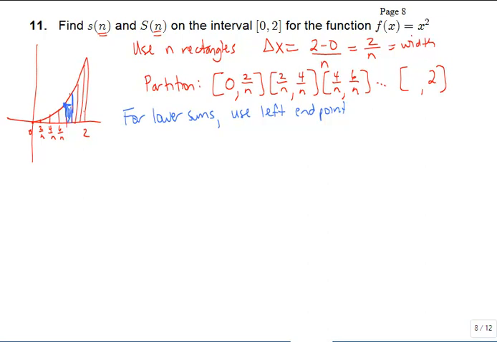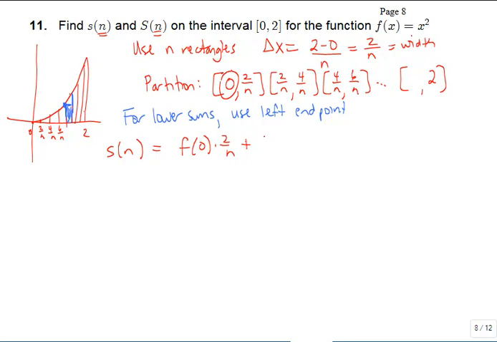So that is going to look like this. Little s sub n is going to be the first rectangle using its left endpoint, which would be this 0, times its width, which is that 2 over n.